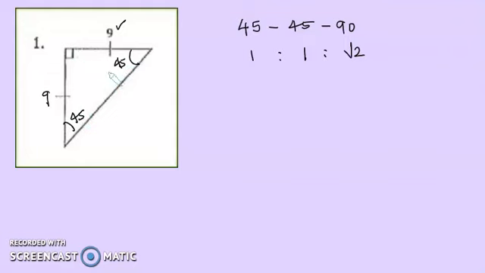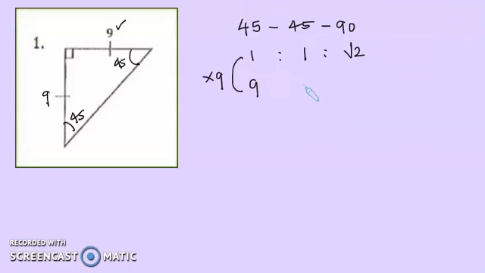So this angle is 90, and 90 divided by 2 gives 45 each. These two angles will be 45 each. Now as we have this as 9, it is 9 times.